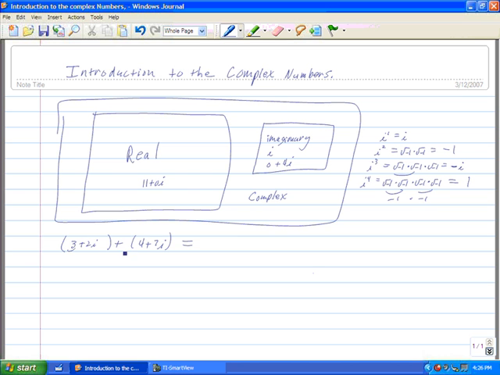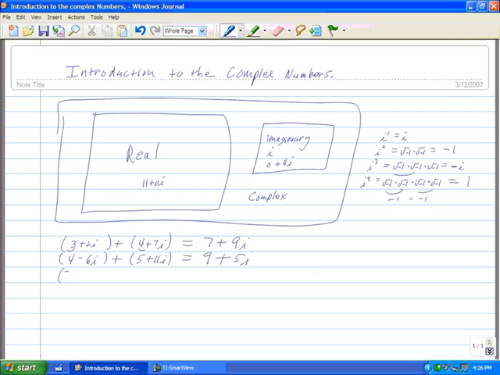So we would simply say 3 and 4 is a 7, 2 and 7 is a 9, and we put the i on. So try that again. Let's take a 4 minus 6i and add to that a 5 plus an 11i. We would say 4 and 5 gives us 9. Negative 6 and positive 11 is a 5i.